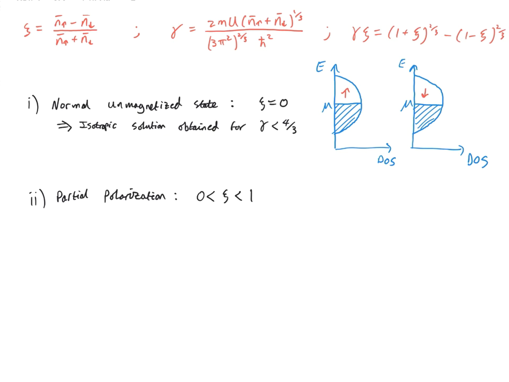However, it is also possible to have solutions with partial polarization, with a psi between 0 and 1. This tells you that there's an imbalance in the average populations of up and down spin species, normalized by the total density. And this gives rise to essentially a weak ferromagnet.